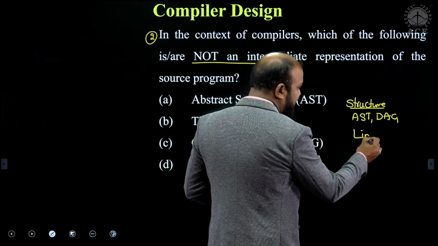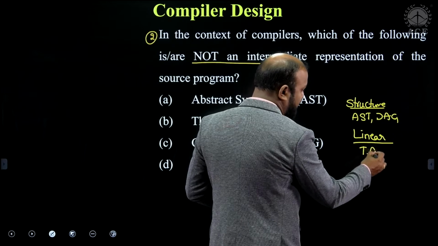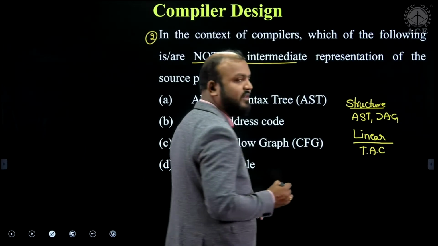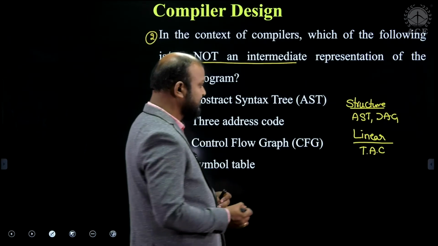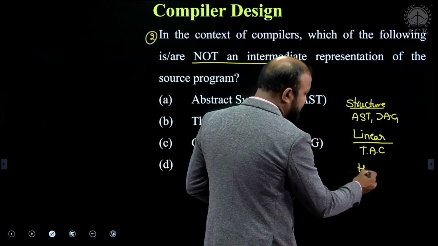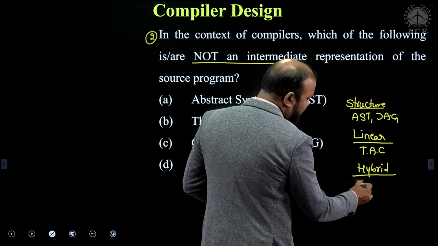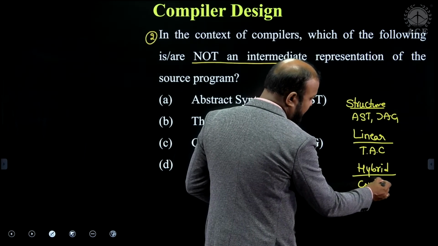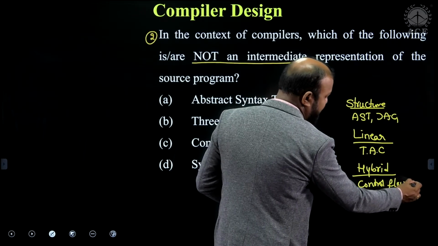In the linear intermediate representation, 3 address code will come. Means 3 address code is an example of linear intermediate representation. And the third type is hybrid intermediate representation. Control flow graphs are the examples of hybrid intermediate representations.